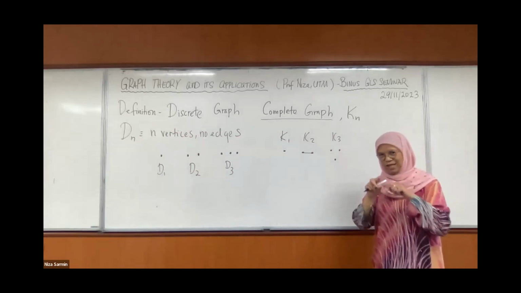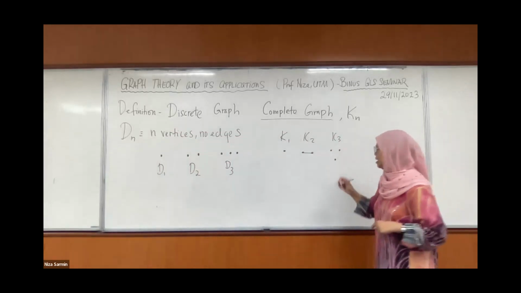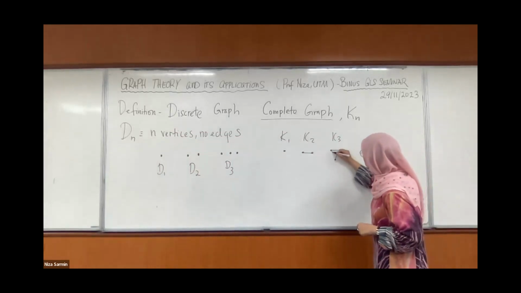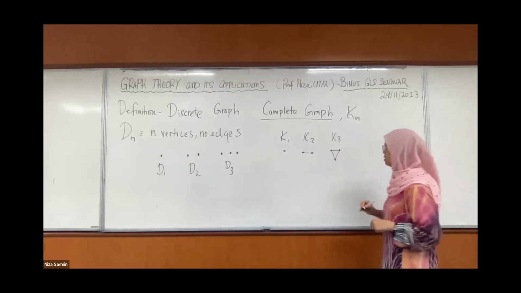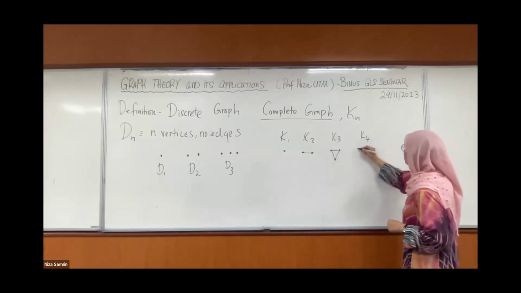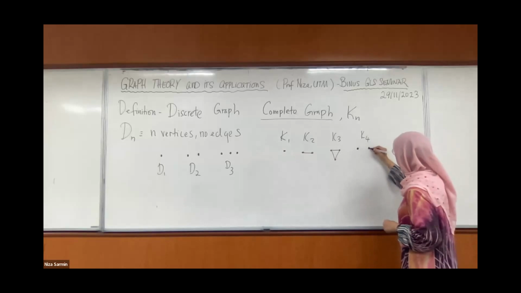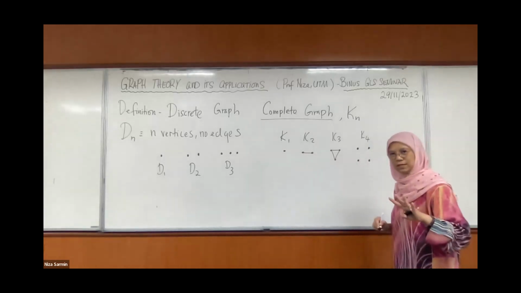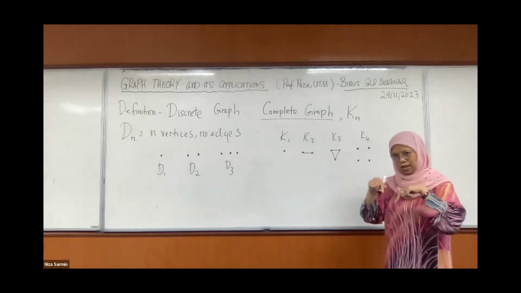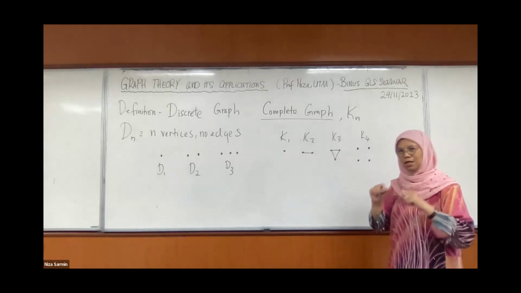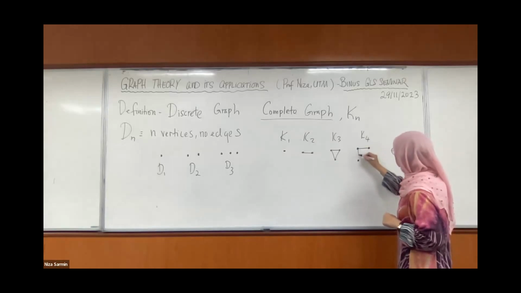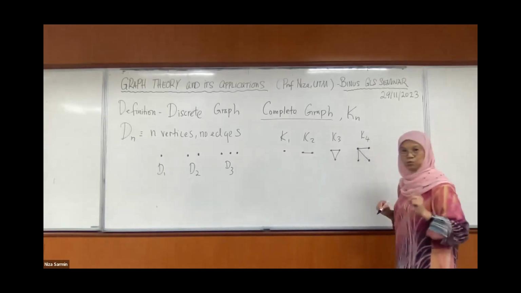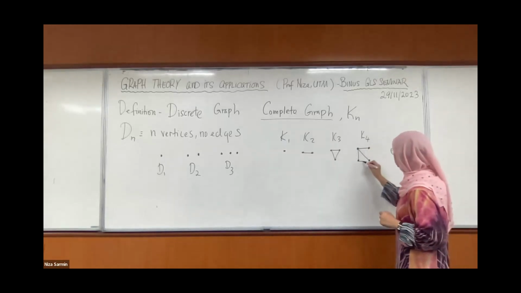Why do I draw it like this and not that? Because I want to show they are all adjacent. What about K4? You have 4 vertices and draw edges so they are all adjacent, each one adjacent to all the others.